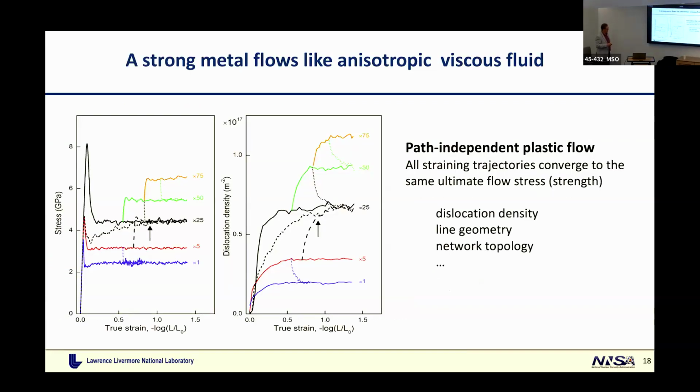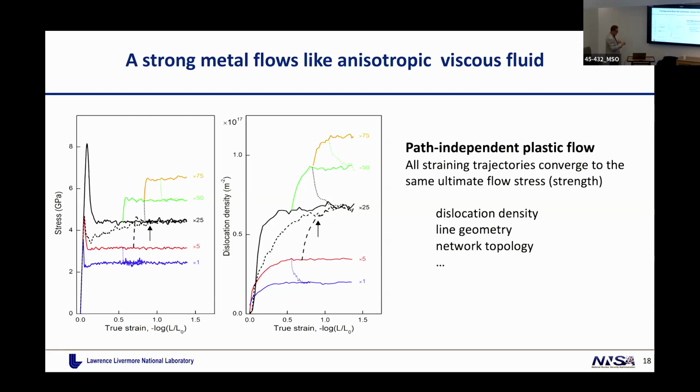One of the things that was interesting in that first paper when we published is that we imposed all kinds of complex deformation trajectories and histories on our virtual specimens. Interestingly, if you keep the same deformation conditions long enough, the system asymptotically approaches a steady flow state, regardless of where you started and regardless of what happened in between before you held it steady.